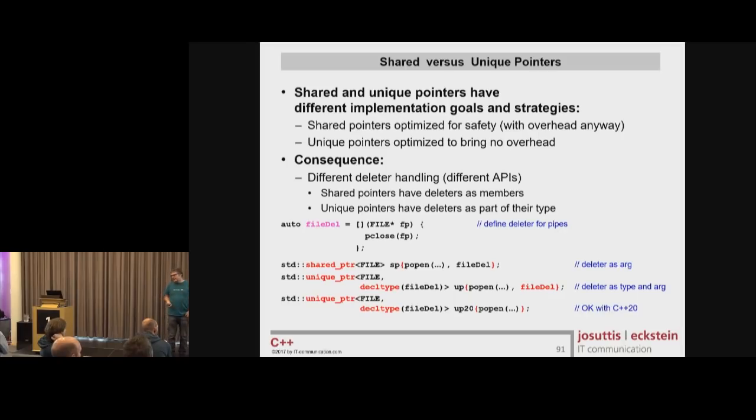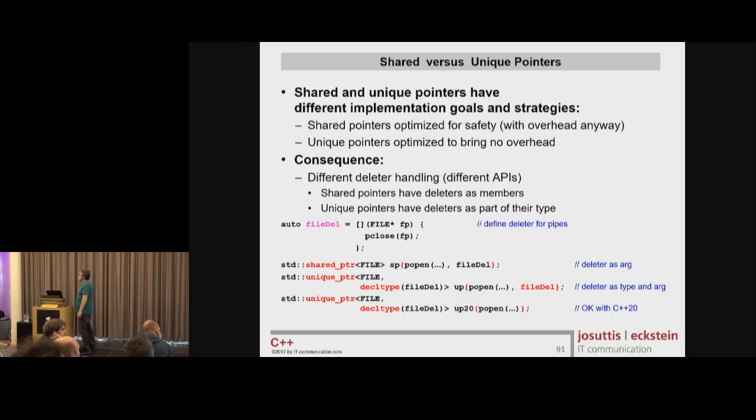If you have to pass the deleter to a unique pointer, you have to pass it twice because the type of the unique pointer has to transfer it somewhere. You need to make sure not to confuse different unique pointers having different deleters. It should become part of the type, and also to be able to store it there, so that the unique pointer suddenly has some memory, some member for this type.